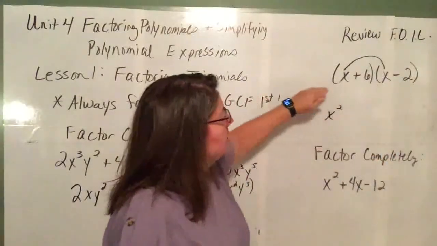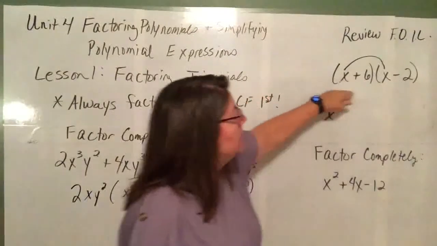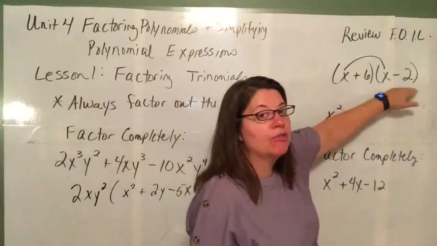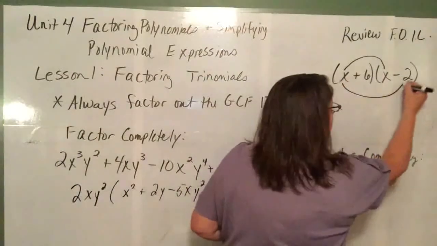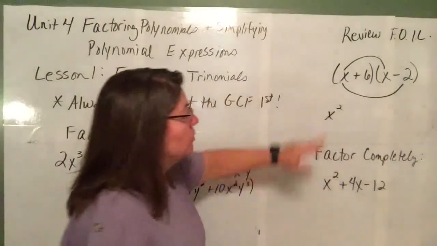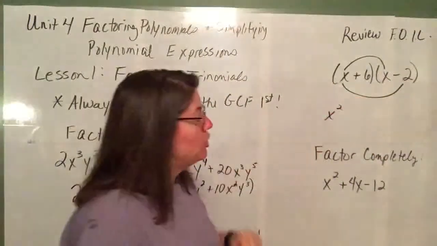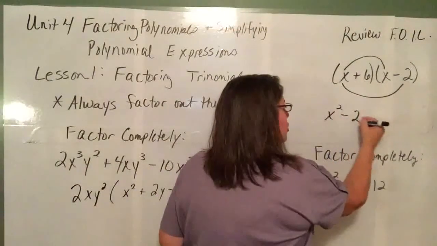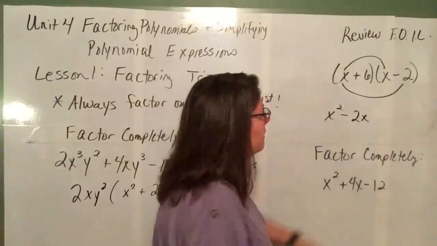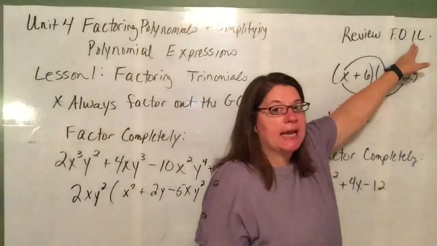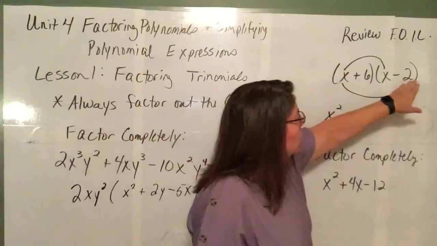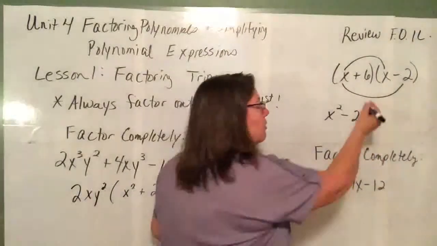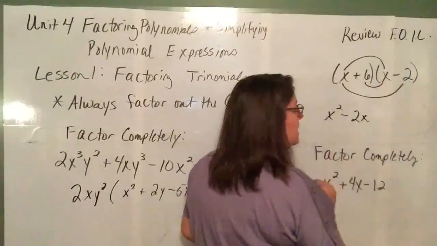If you look at this entire problem as one big problem, we're going to multiply the outside terms together. The two outside terms are this x and the minus 2. So if I multiply x times negative 2, I get minus 2x. The next is the inside terms multiplied together. If I take this as one long math problem, the two terms on the inside are 6 and x.